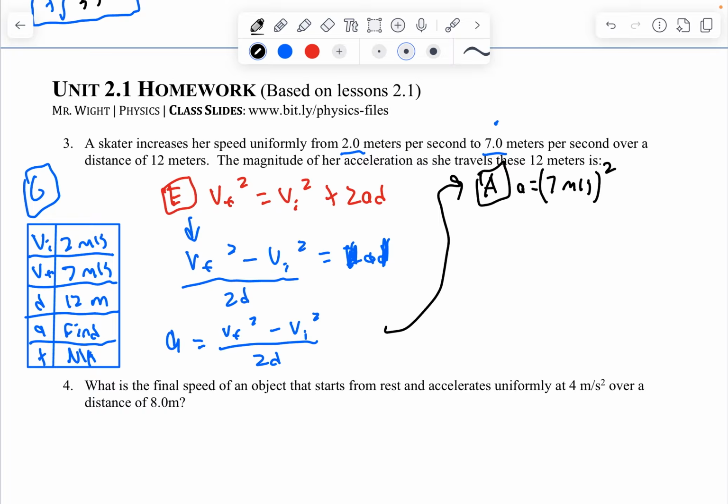I'll show you why that's really important later. Minus the initial velocity, which is 2 meters per second, and that's all going to get squared, divided by 2D. D is 12, so we can put 2D as 24. I just want to make sure you understand why. D right here is 12 meters, so 2D is 24 meters.